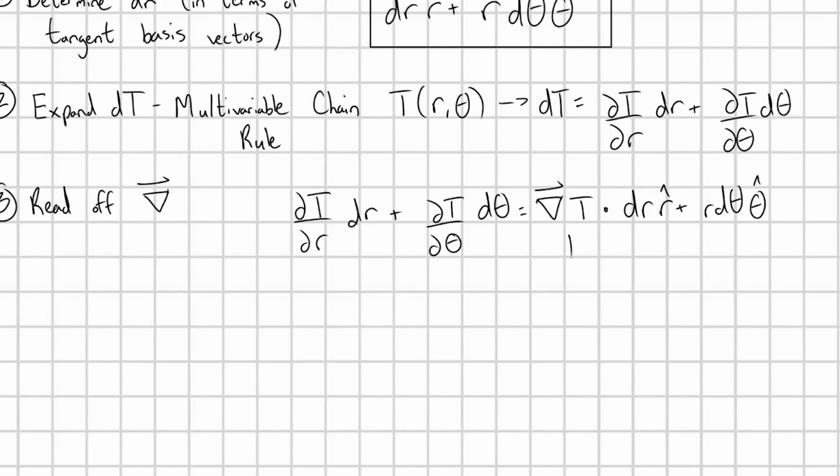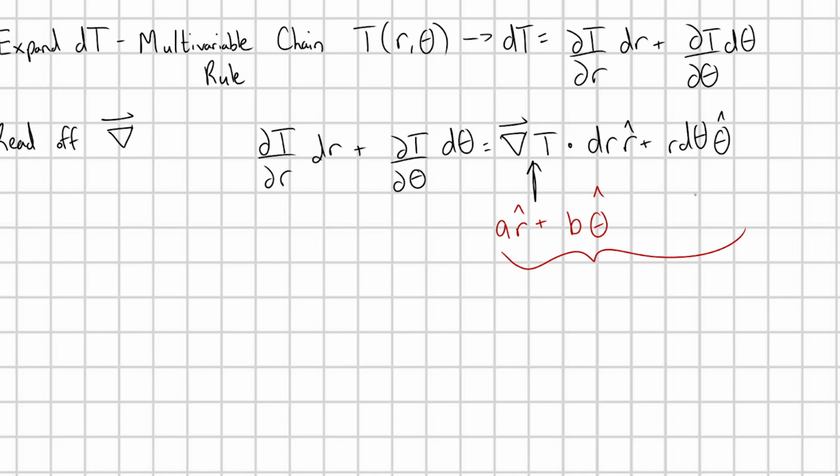As I said before, this has to be some kind of vector, so it's going to have some component a in the r hat direction plus b in the theta hat direction, and we just need to see what a and b are. If we expand this out, it's just a dot product, and if you dot two of the same unit vector, that gives you 1. And so we have a dr plus b r d theta.